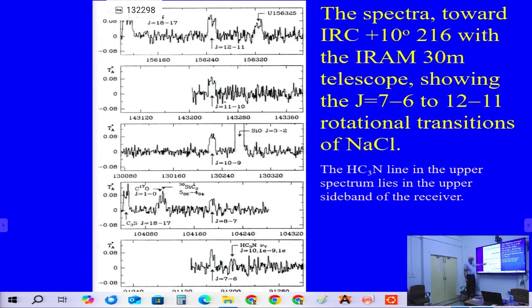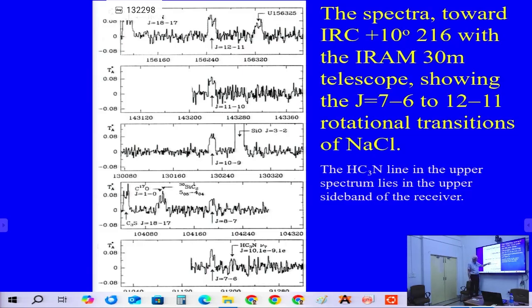But for instance, this is 1 to 0 of oxygen 17 substituted CO. This says SiO in its normal natural abundance, completely saturated. HCN, rather obscure molecule, SiC2.